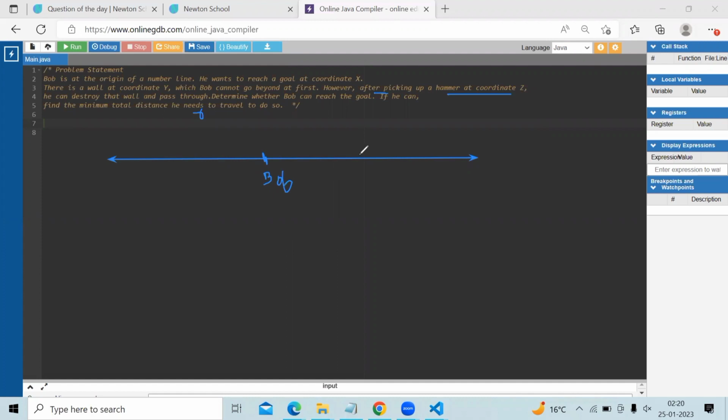Now let's suppose this is x, and this is y. Here the wall is present. And let's suppose here z is present. This is the goal, and this is the hammer.